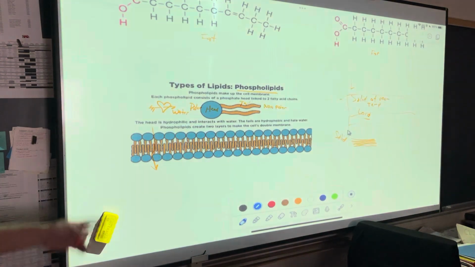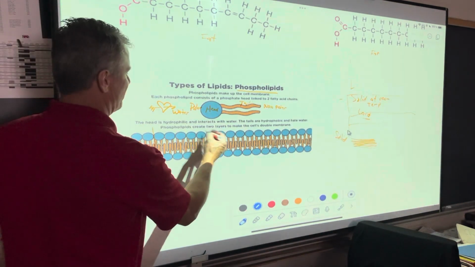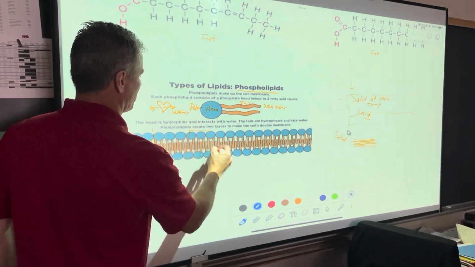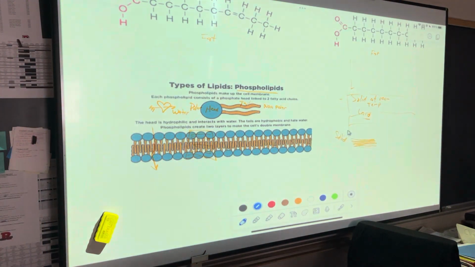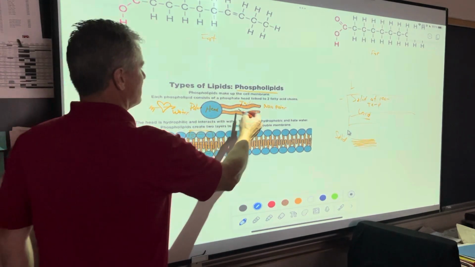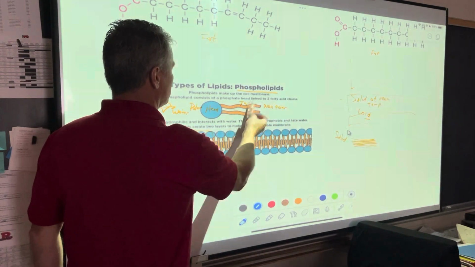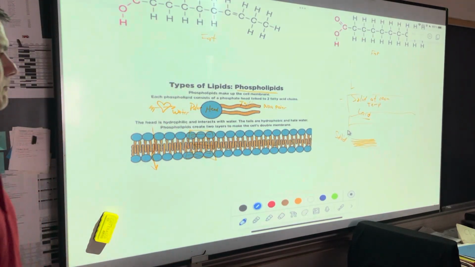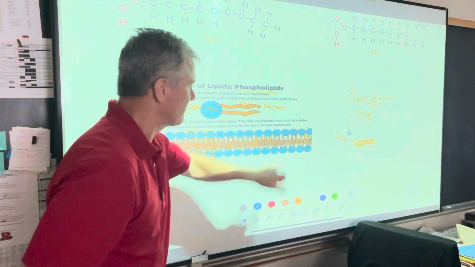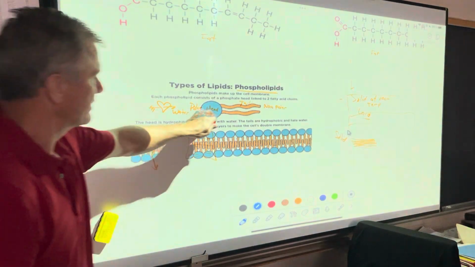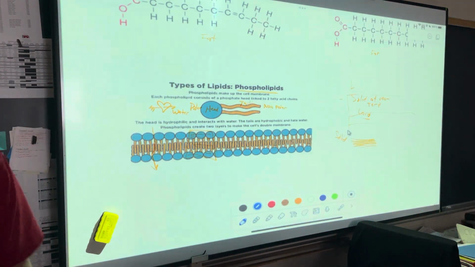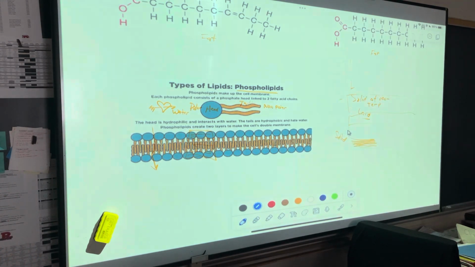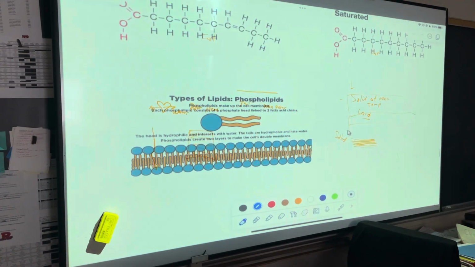We can't get our water that way because we would eventually dehydrate, but there are bigger proteins that go across the membrane and are made just for water. We'll get into those when we get into the cells. But know this, polar head, non-polar tail, loves water, hates water. And because of the way it's built, that determines its function. Okay. Any questions? All right.